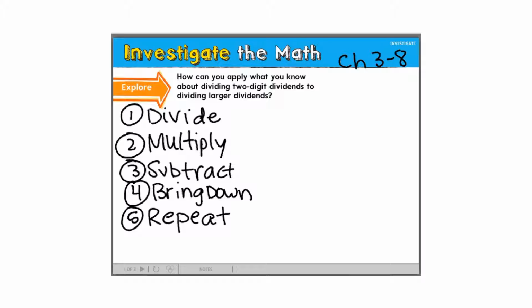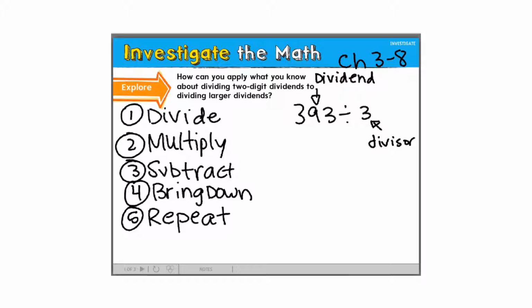So that was my first example I just wrote up there. It was 393 divided by 3. I'm going to remind you that this number here is called the dividend, and this number is called the divisor. So copy that into your notes.